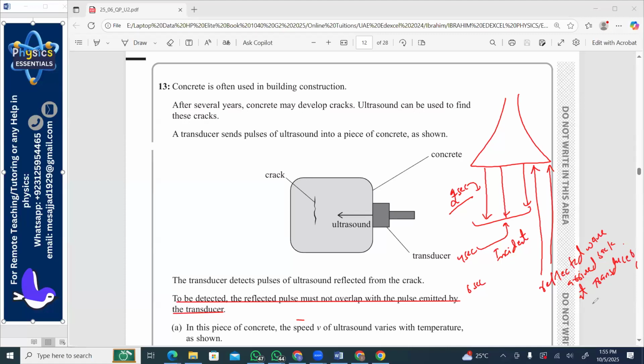Say the reflected ray arrives back at the transducer in 1.5 seconds.